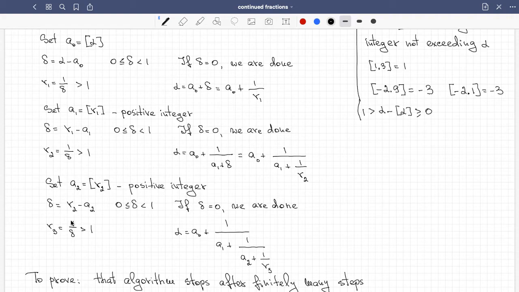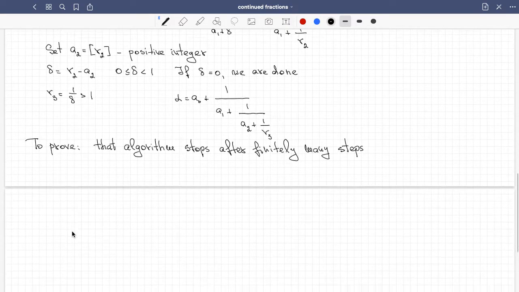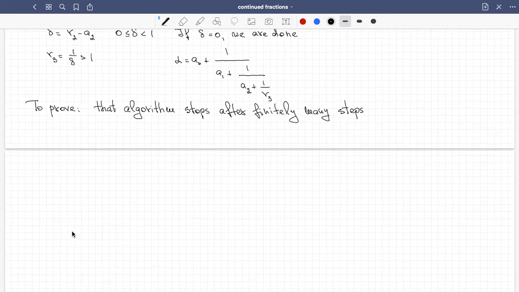We flip, so this is a positive rational number, smaller than 1. We flip a rational number, we get again a rational number. So all remainders are positive rationals.